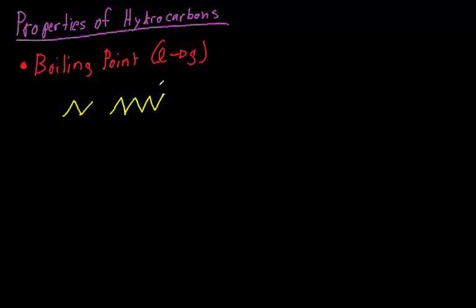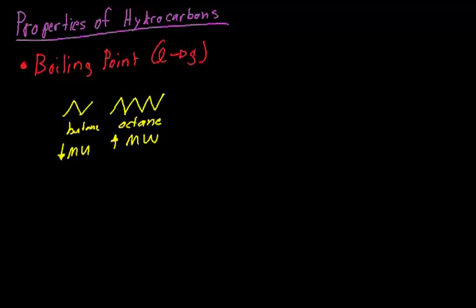So obviously octane has more hydrocarbons bound together and a higher molecular weight. Butane has a lower molecular weight.